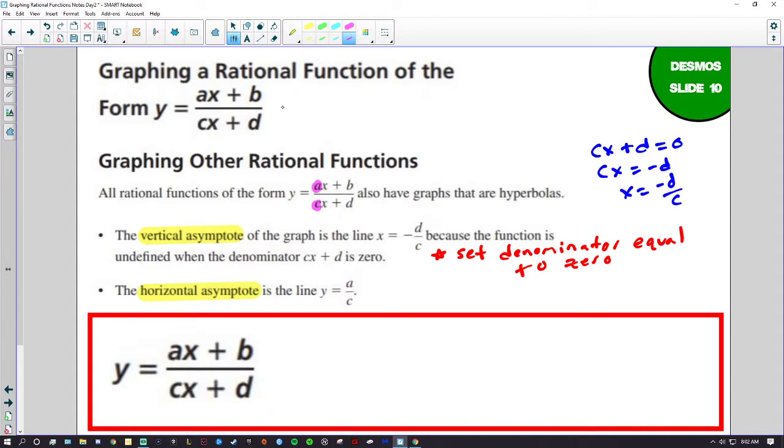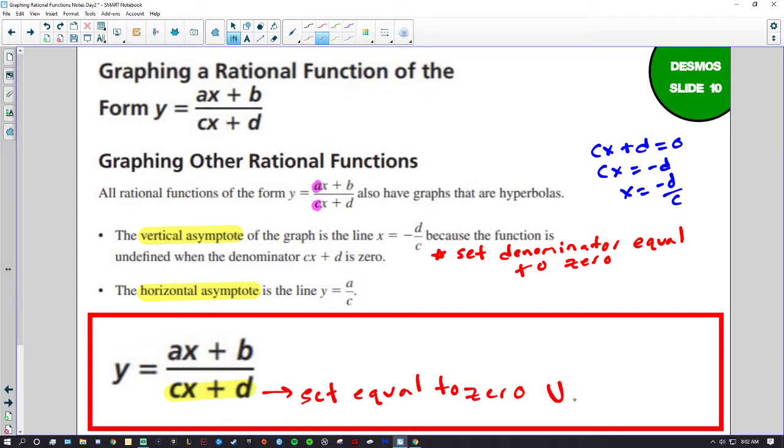So I added this little red box just because I wanted to simplify all this wording. So for vertical asymptote, we would just set the denominator equal to 0.